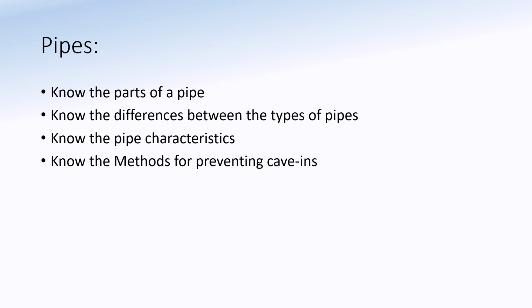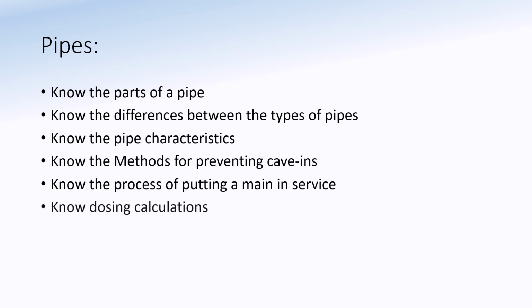Methods for preventing cave-in: shoring, shielding, sloping. Know the process of putting a main in service: you have to hydrostatically test it, chlorinate it, and then do bacteriological testing. So just be familiar with that.